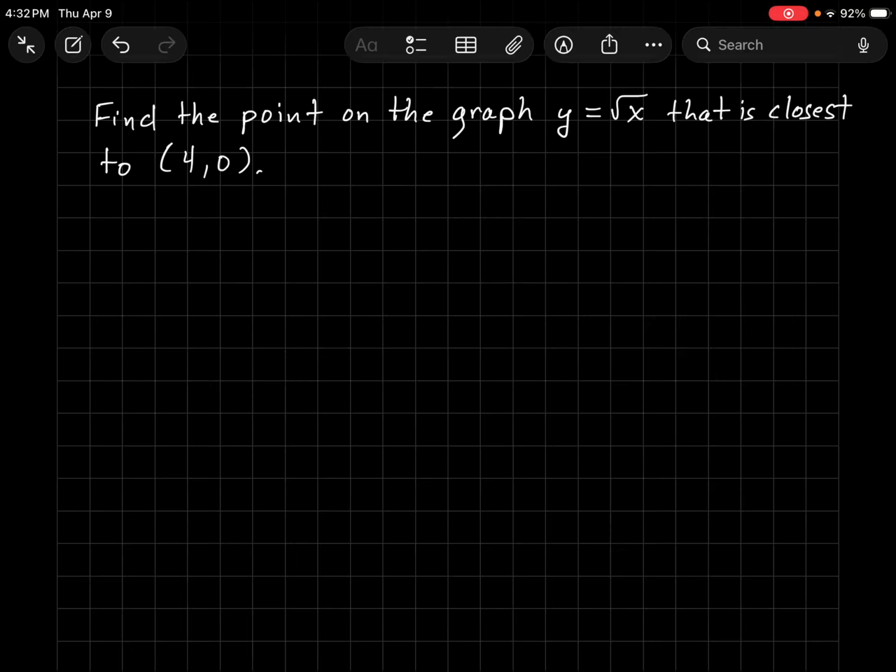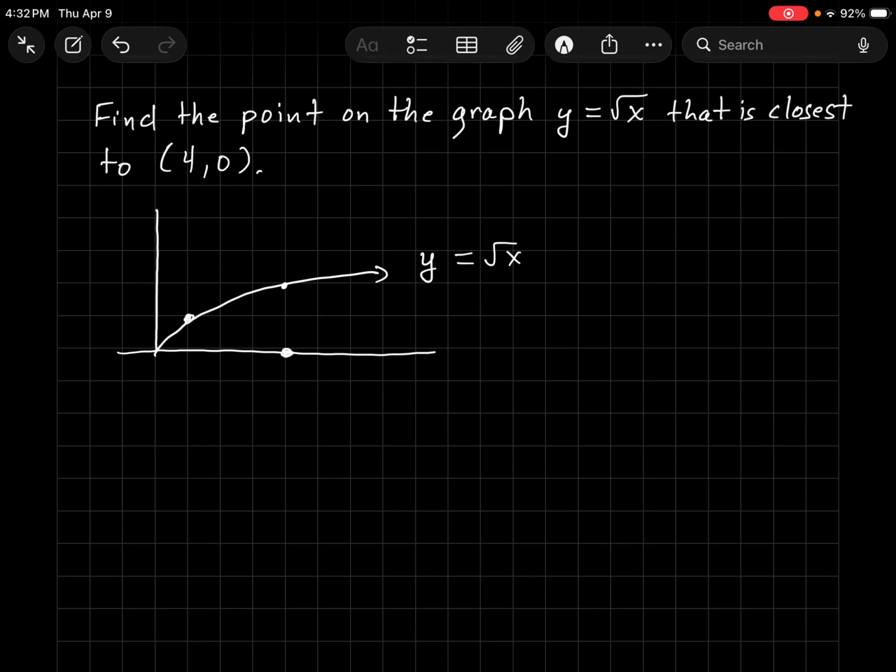Example number 2. Find the point on the graph y equals the square root of x that is closest to the point 4, 0. So I'm going to start by drawing a picture. And I'm going to draw the graph, or at least a decent graph, of y equals the square root of x.